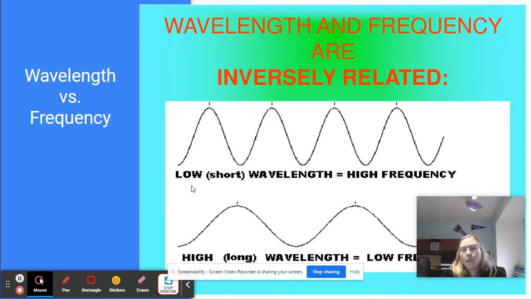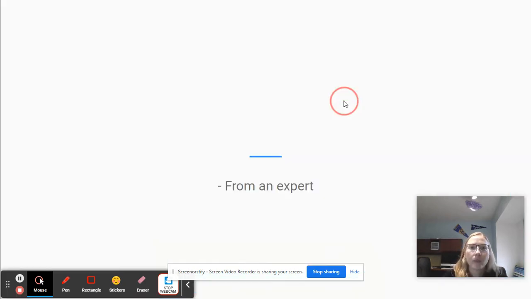And again, you can think of the ocean. If it's short and choppy, there's a lot of energy, and it's high frequency, stormy or windy. If it's nice and low and slow, it's a nice calm day. You have a lower frequency, and your wavelengths are long.